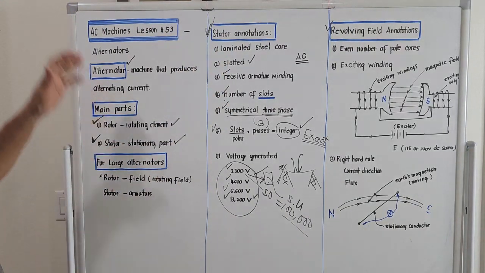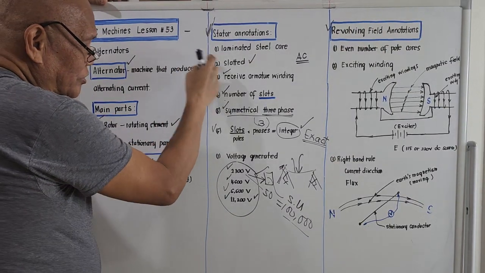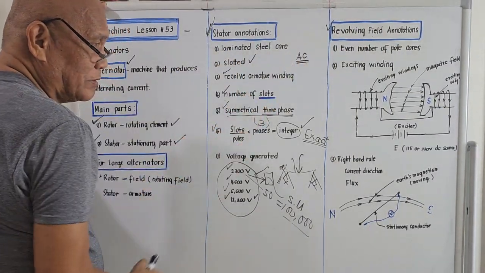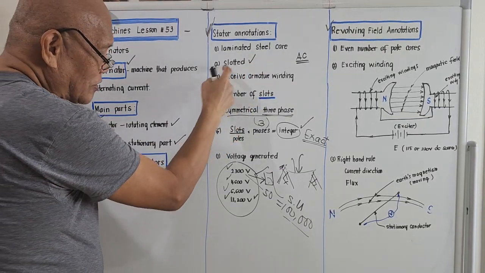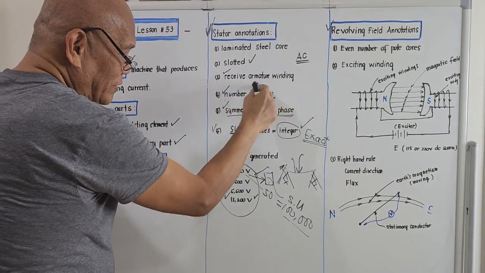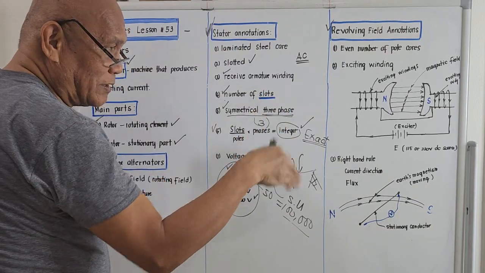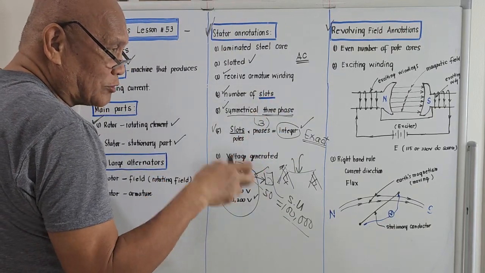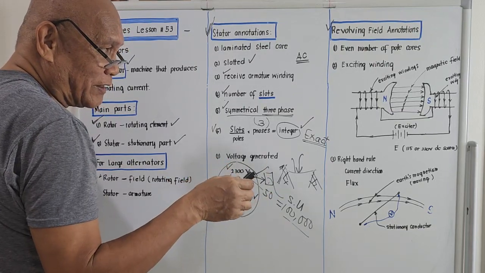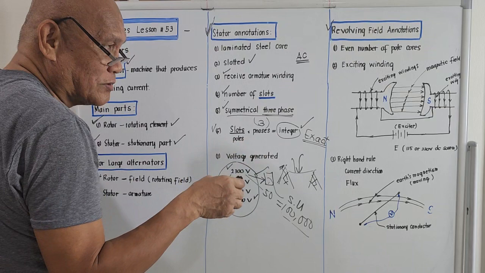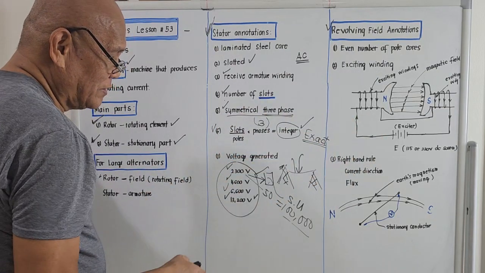I will repeat it. The stator is made of laminated steel core. They are slotted, and these slots receive the armature windings. The armature winding is actually the conductors needed so that when the generator rotates, it cuts the magnetic lines of force, so it will generate voltage.